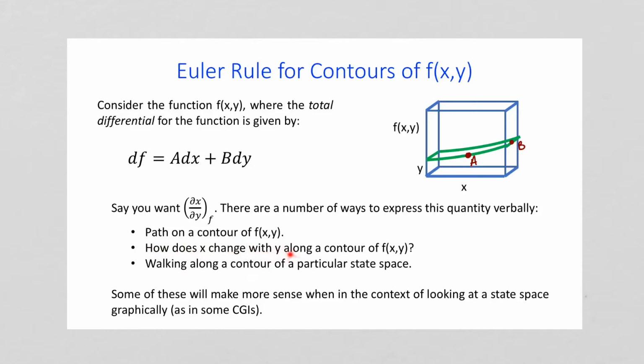How does x change with y along a contour of our function? Or we could say it like we're walking along a contour of a particular state space. Here we're just traveling along our state space where x and y are both changing.